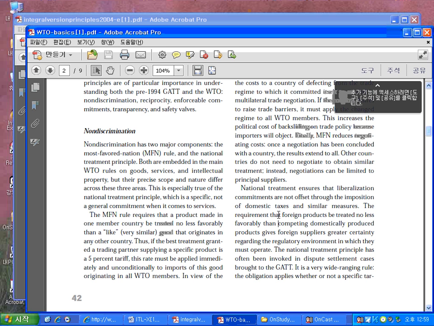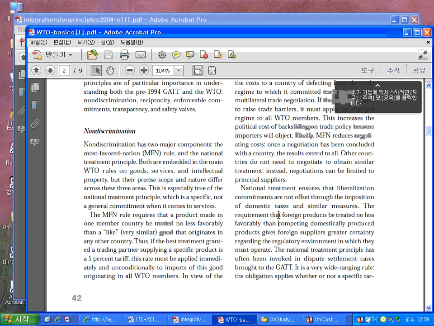So what is national treatment? National treatment ensures the liberalization commitments are not offset through the imposition of domestic taxes and similar measures. The requirement that foreign products be treated no less favorably than competing domestically produced products gives foreign suppliers greater certainty regarding the regulatory environment in which they must operate.